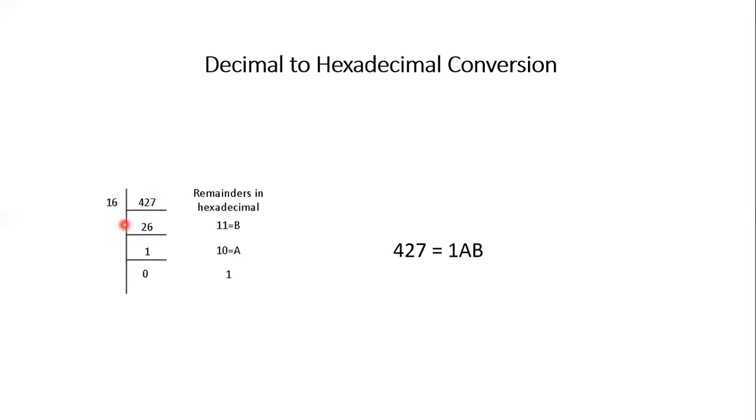So we put 6 here, then remaining is 11. Therefore that is the B. Again 16, 1 16 is 16, remainder is 10. So 10 in hexadecimal is A. Therefore we take from bottom to top. So 1AB.